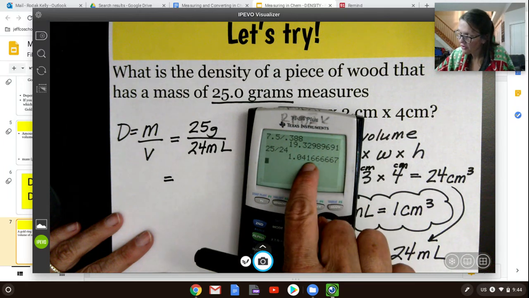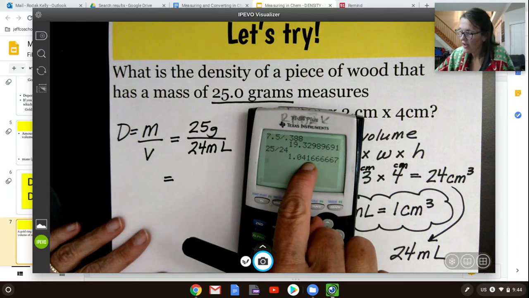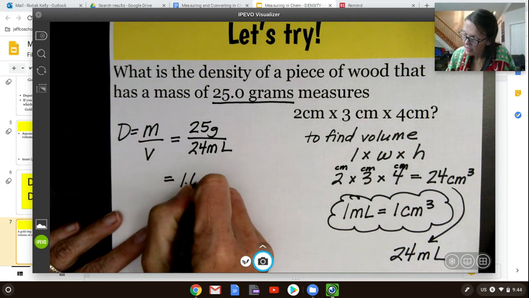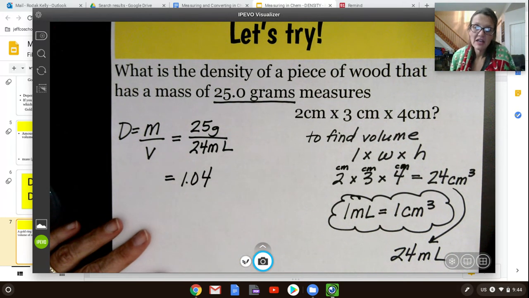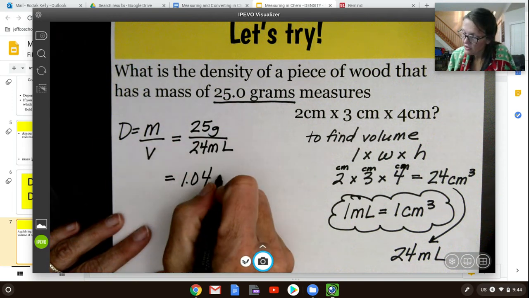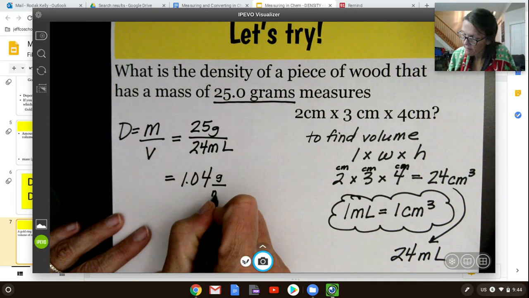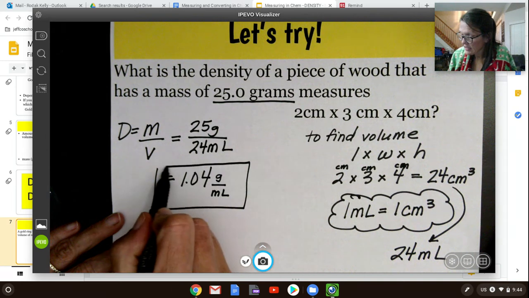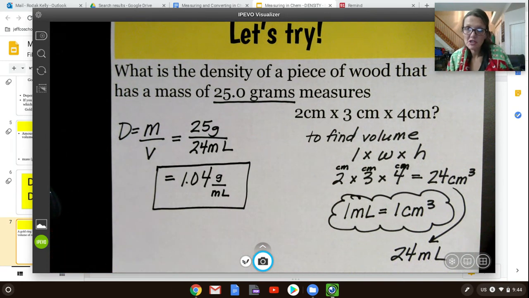Remember, we look at that third number, and it's not over 5, so we're not going to round our second number. So this is 1.04, and again, the unit for density is basically just what you did. So grams divided by milliliters. Okay, that's example number 2, right?